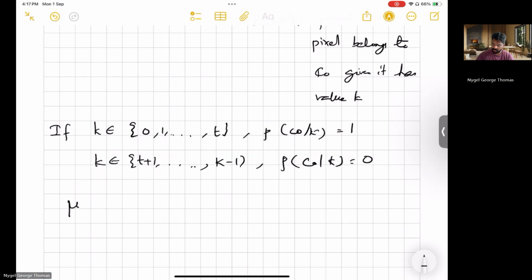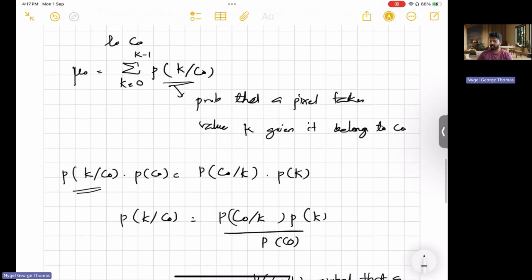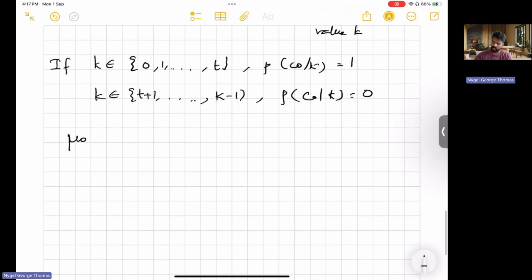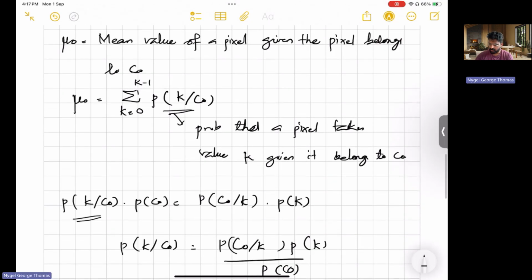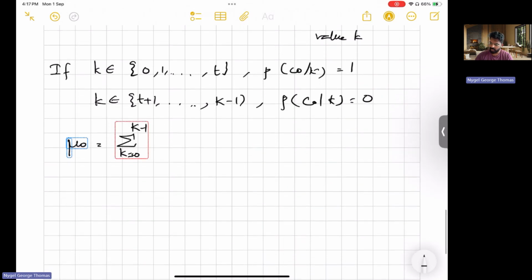So in mu0, even though we have written the index sigma k is equal to 0 to K minus 1, one thing to notice is that after t plus 1, the probability is going to be 0.